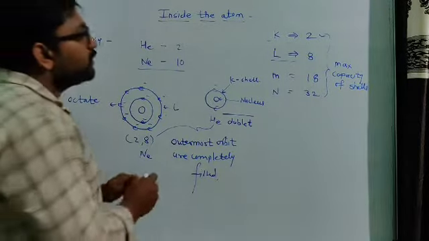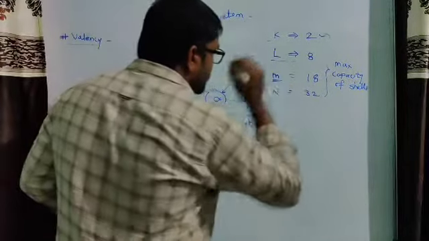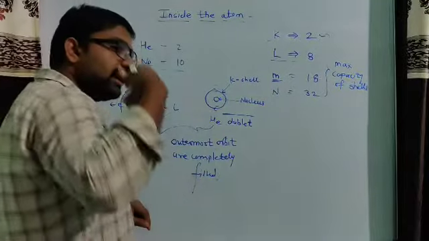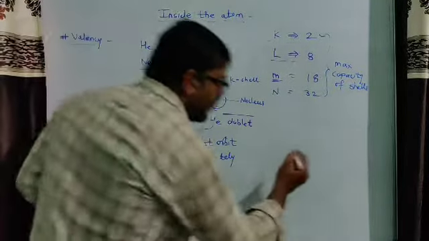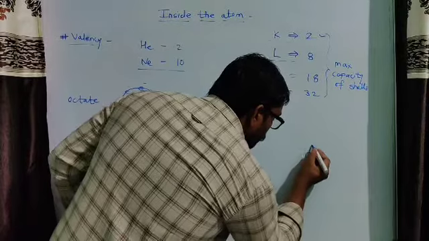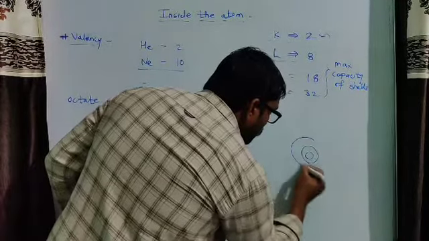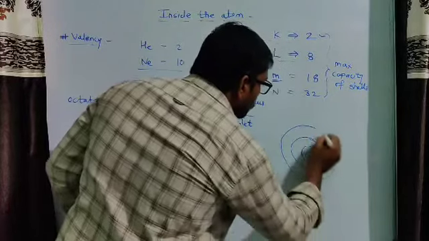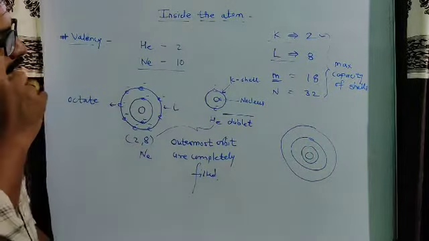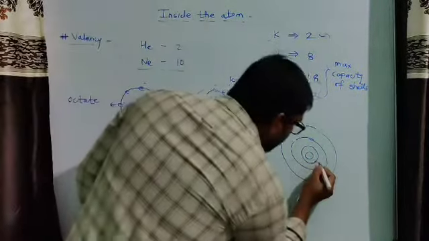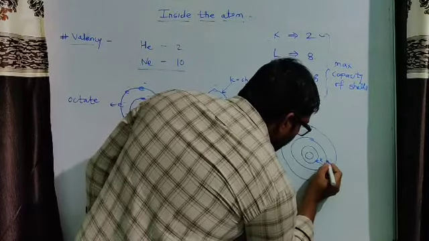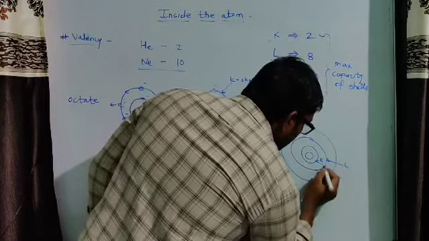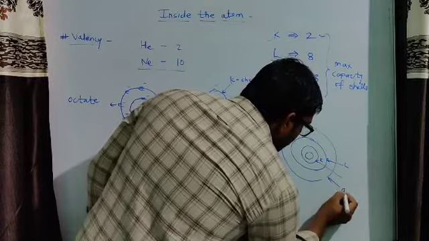Now we take another example of higher elements, with 2, 8 and 18 electrons. This is the K shell, this is the L shell, and the last is the M shell.